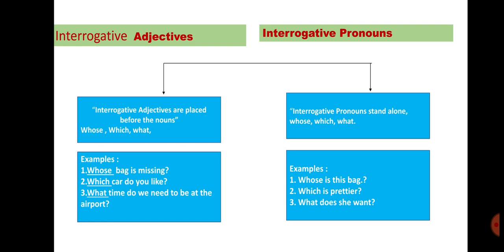So don't worry, just remember adjectives add more detail about the nouns or pronouns they modify. And all these adjectives that we have learnt have a noun after them. You can go back to the slides and check the differences again, and you'll easily identify the difference between adjective and pronoun, interrogative adjective and interrogative pronoun, or demonstrative adjective and pronoun.